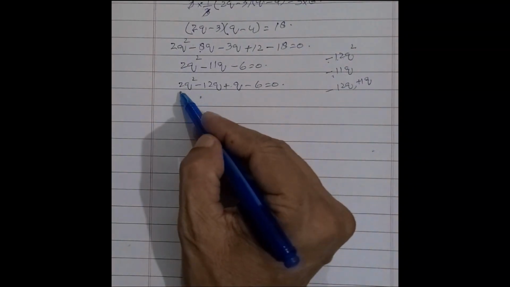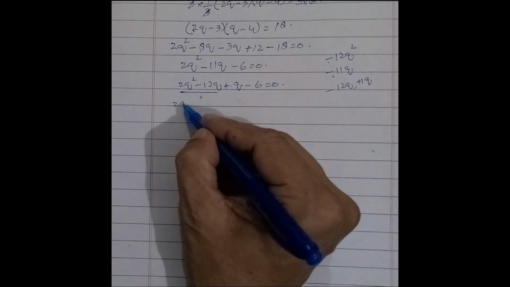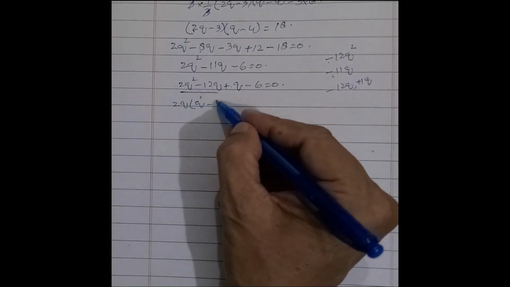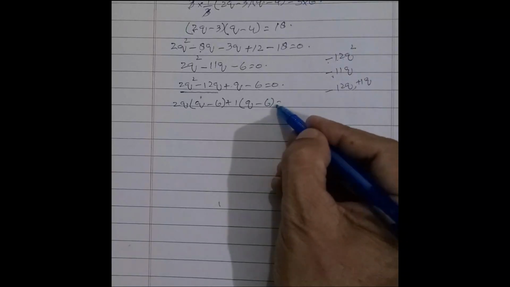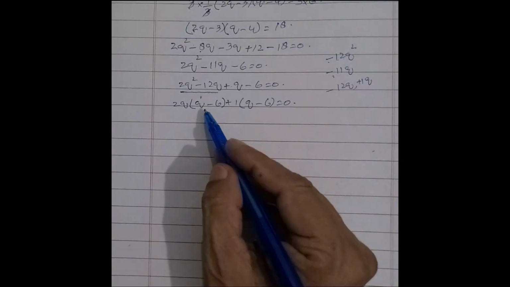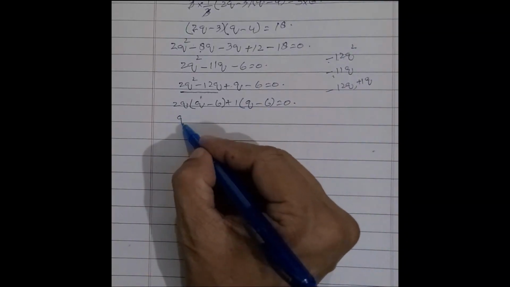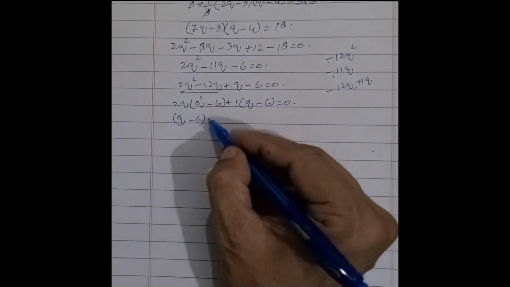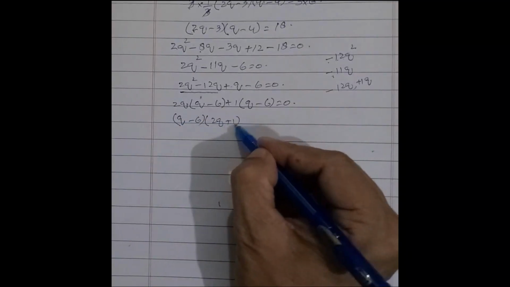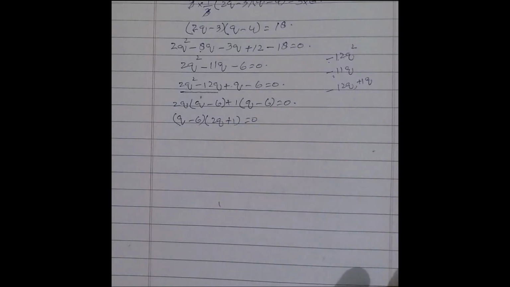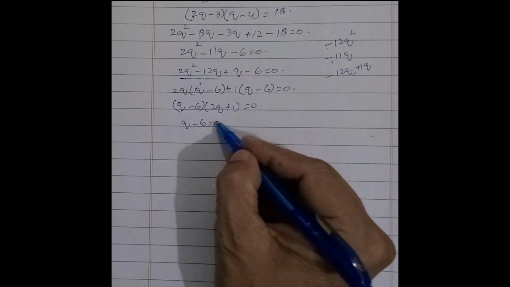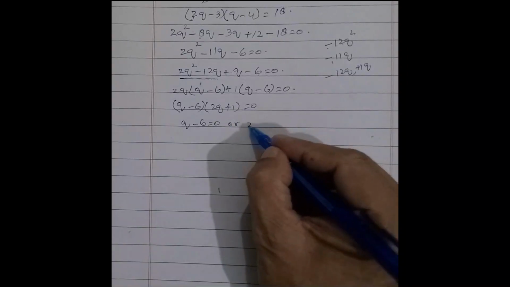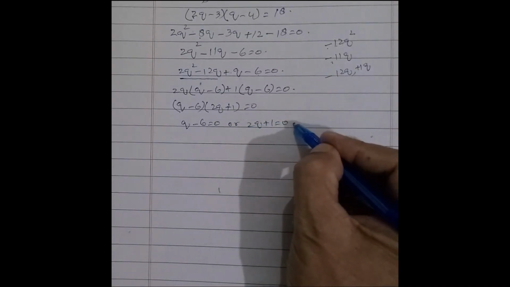Now take common 2q. We get 2q(q minus 6) plus 1(q minus 6) is equal to 0. And from the whole value we take common (q minus 6) and (2q plus 1) is equal to 0. The next, q minus 6 is equal to 0 or 2q plus 1 is equal to 0.